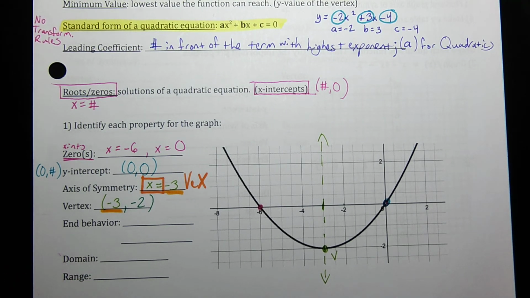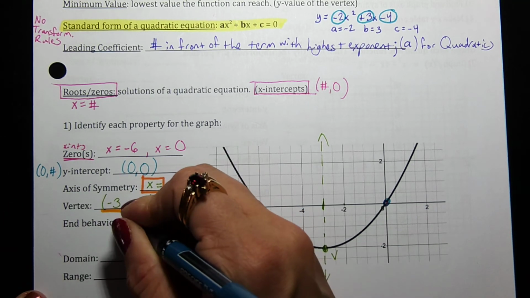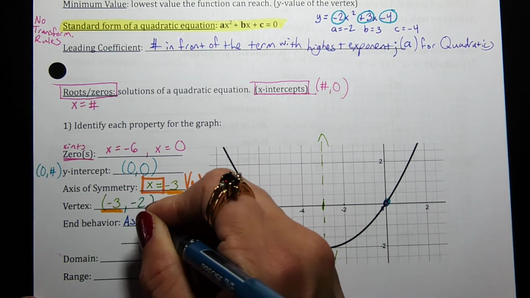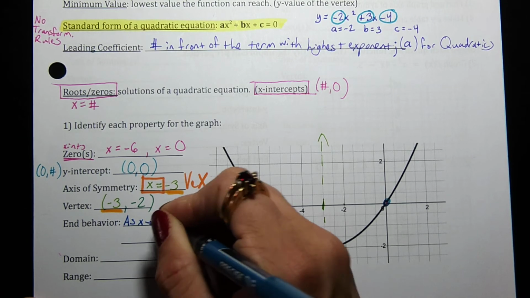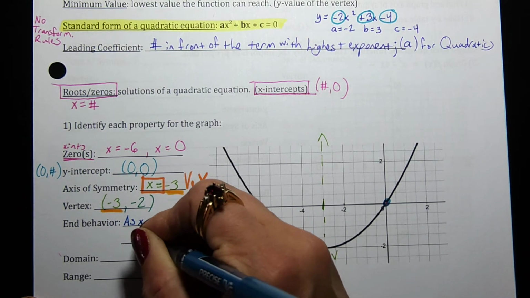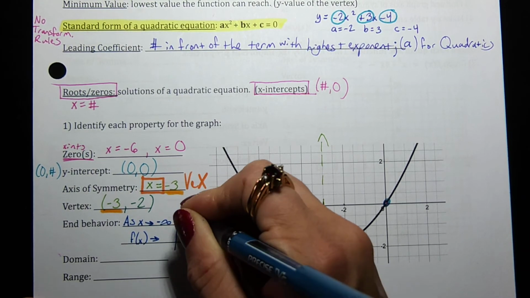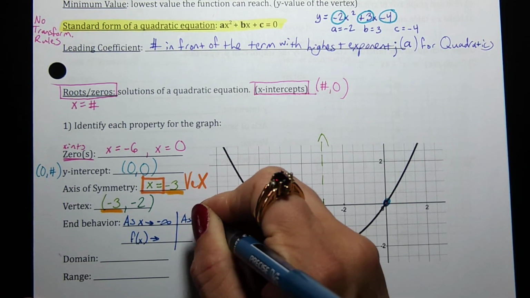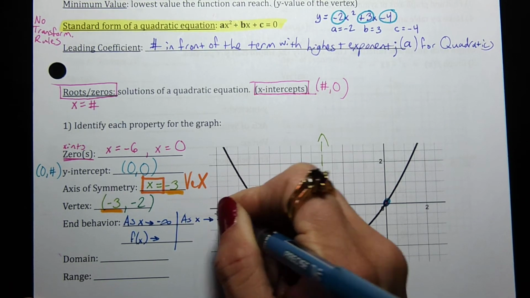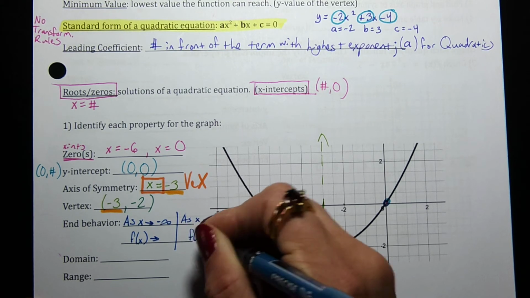Ooh, let's see if we remember end behavior notation. So last unit coming back to haunt us. First, we look to the left. As x approaches -infinity, what's my function doing? And as x goes towards +infinity, what is that function doing?